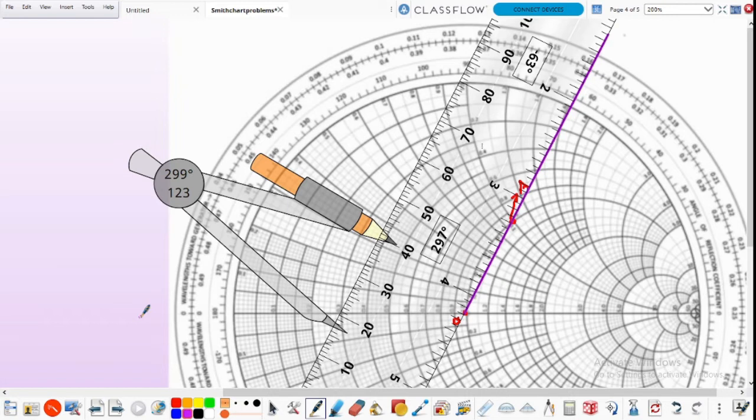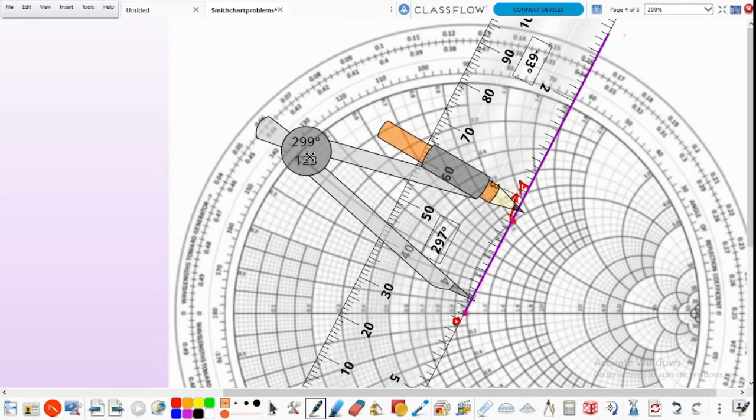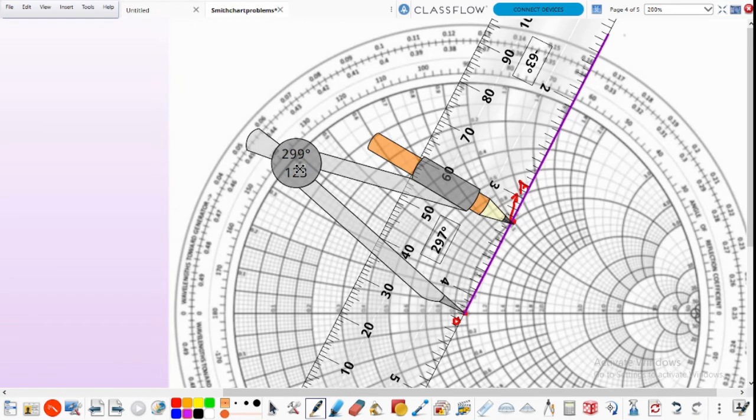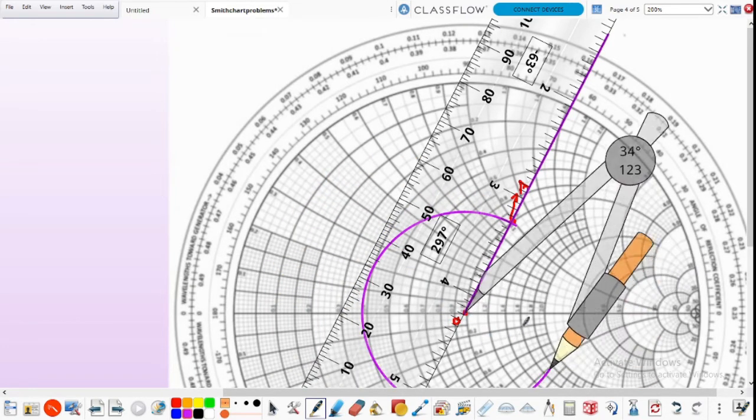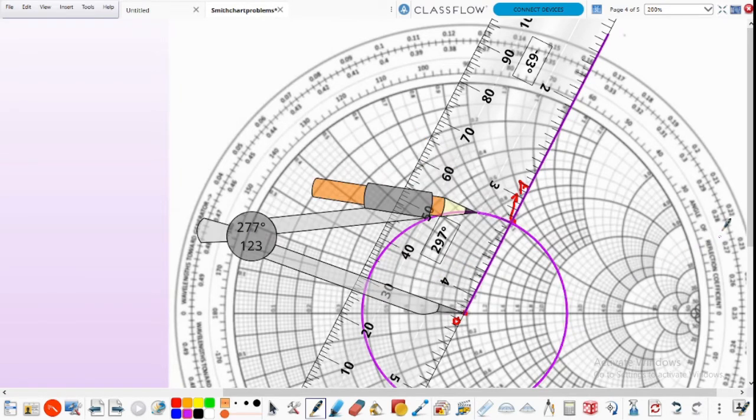Next draw a constant circle with O as center and OA as radius. First draw the circle. And this is a circle.